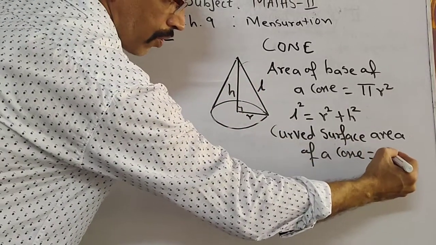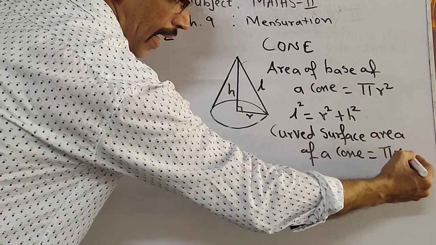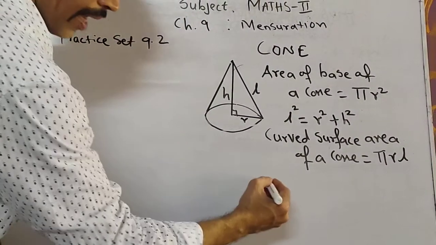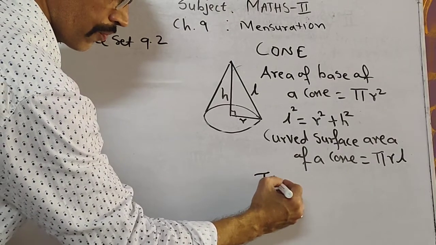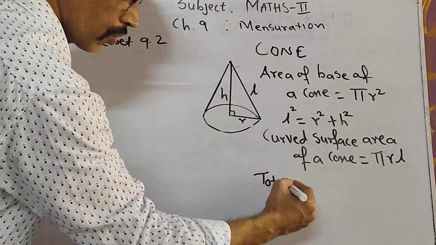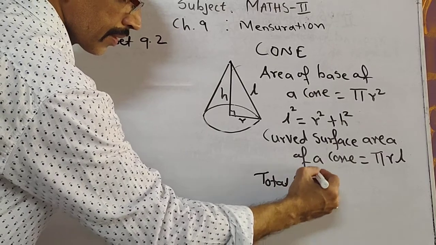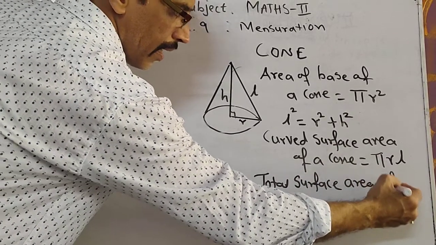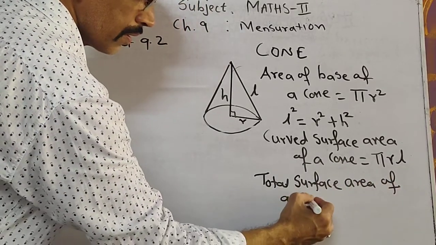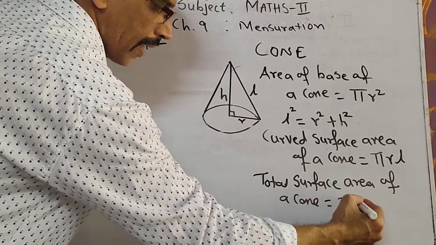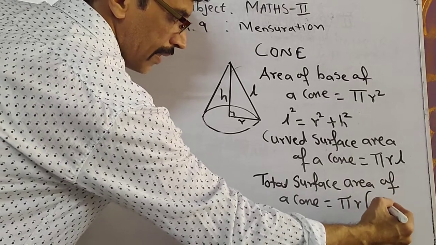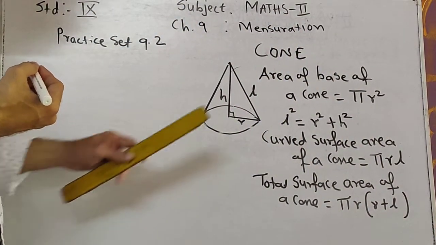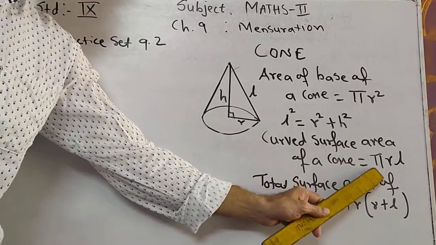The curved surface area of a cone is pi r L. And the total surface area of a cone is equal to pi r into bracket r plus L. This is the curved surface area formula.